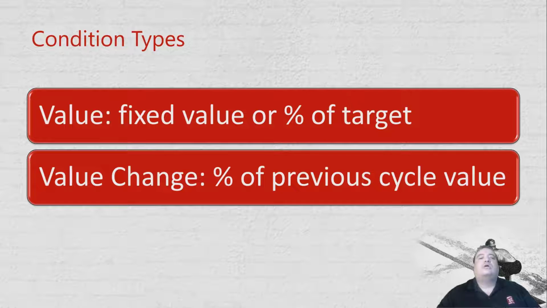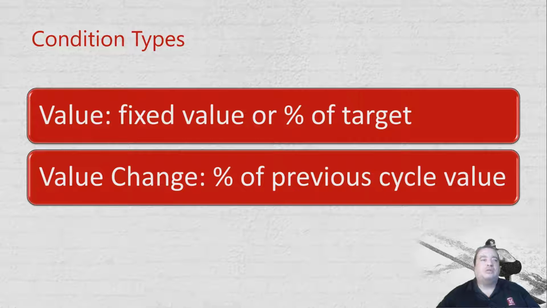So we can compare, for example, if the current check-in is 110% of the previous check-in, or if it is only 90% of the previous check-in. So we'll know if the value of the current check-in increases or decreases.